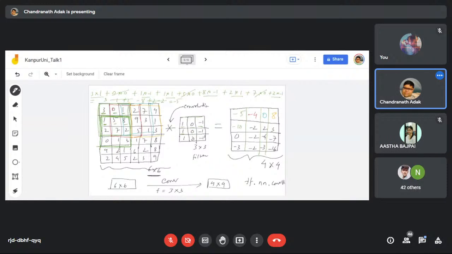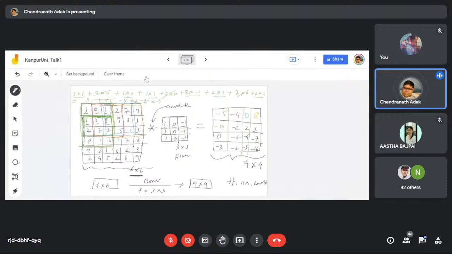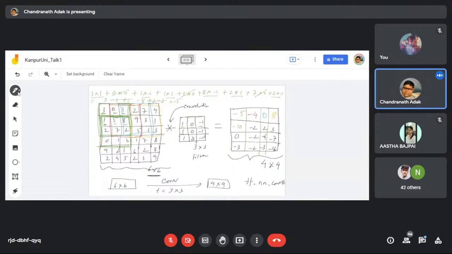Okay? So quickly we'll see some other matrices, or you can take other examples also. Let's see some more examples.